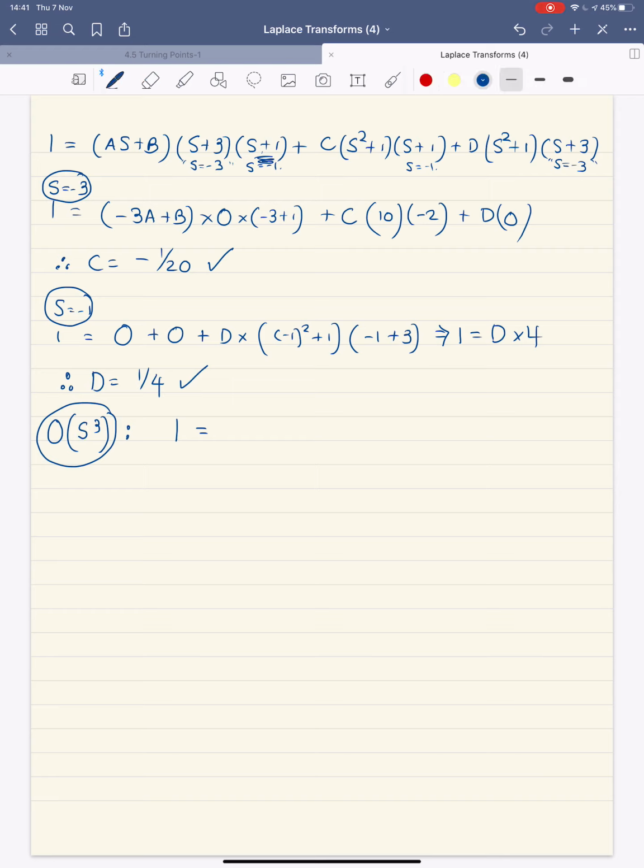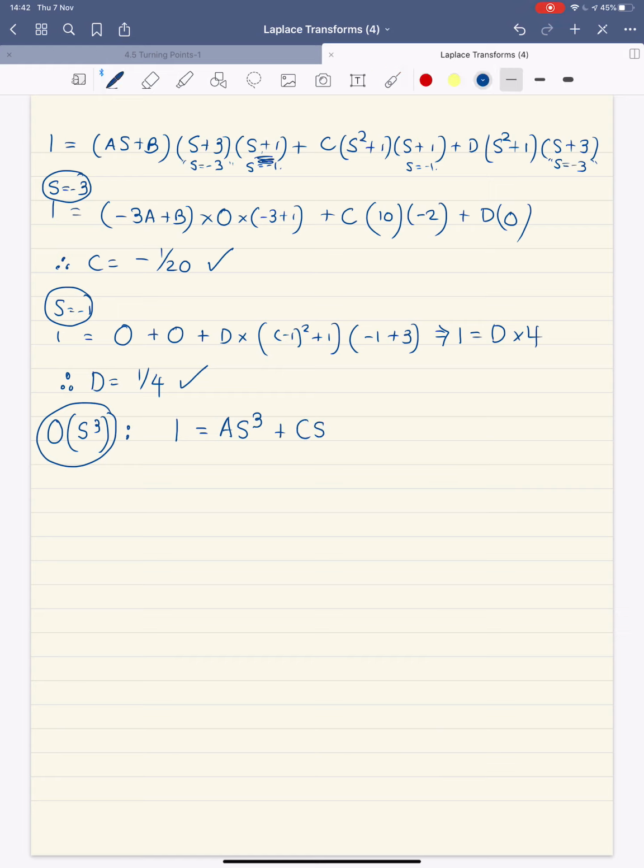Okay, so over here, look, As times s squared is going to be the only one to give us the s cubes there. Everything else is going to be at most s squared. So this is going to be As cubed, and in this one we're going to have Cs cubed.